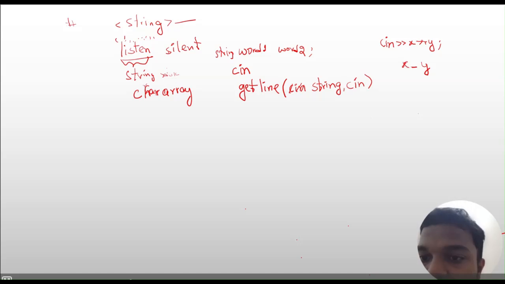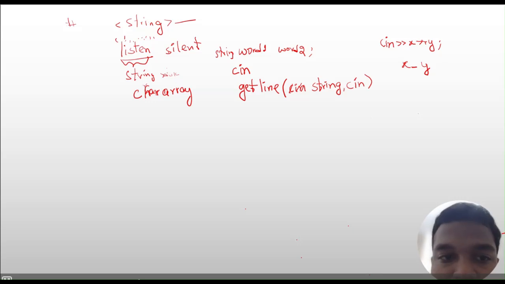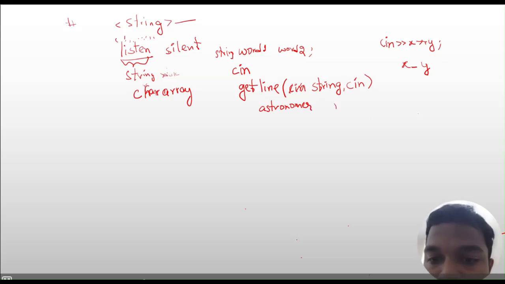When I give a space, the compiler understands that the latter one will be a new number. But we can have words like I've shown, astronomer and moon starer.